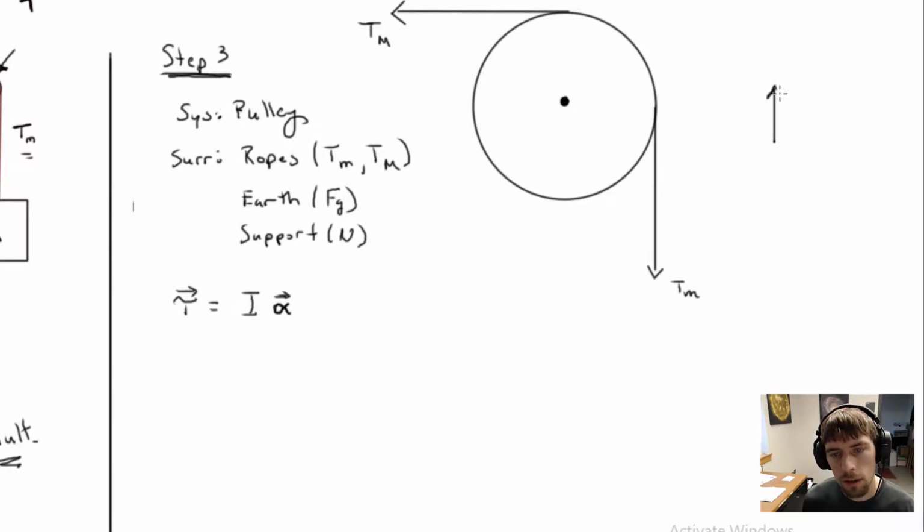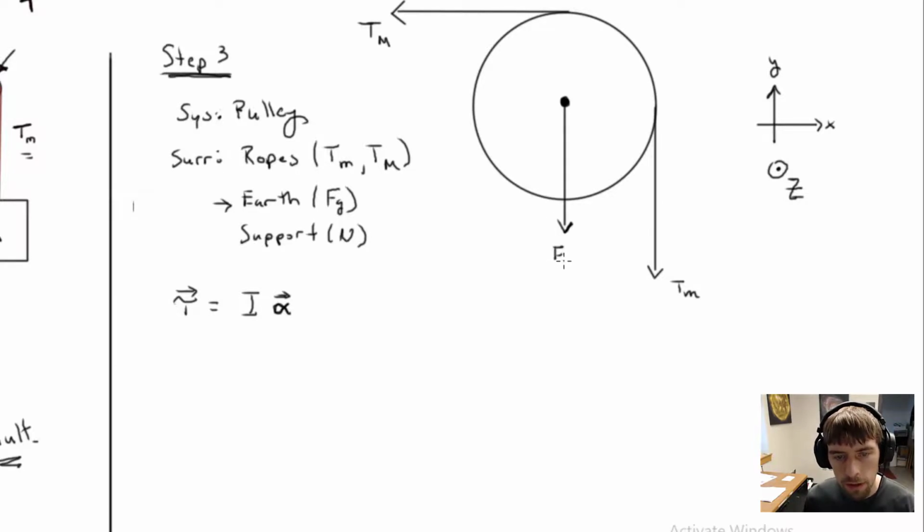Let's go ahead and use our standard set of axes. There's my axes. And the question is, where's the gravitational force applied on this pulley? Right at the rotation axis. Good. The center, the center of mass.